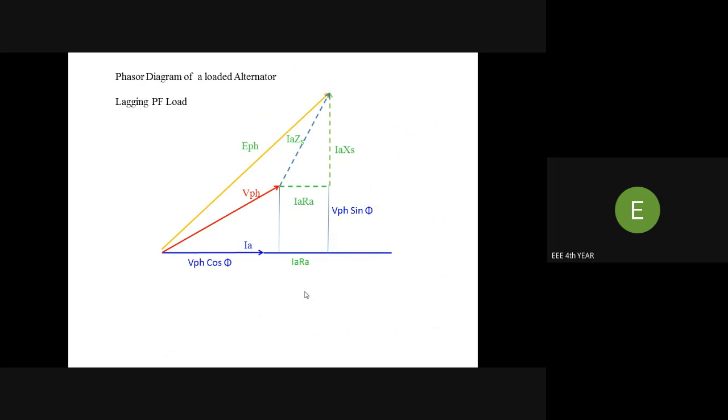We join the no load induced EMF and note the point names O, A, B, C, D and the angle also. Finally, we get E phase equal to the square root of (V phase cos phi plus Ia Ra) whole square plus (V phase sin phi plus Ia Xs) whole square. So from that phasor diagram, we get the lagging power factor load formulas.